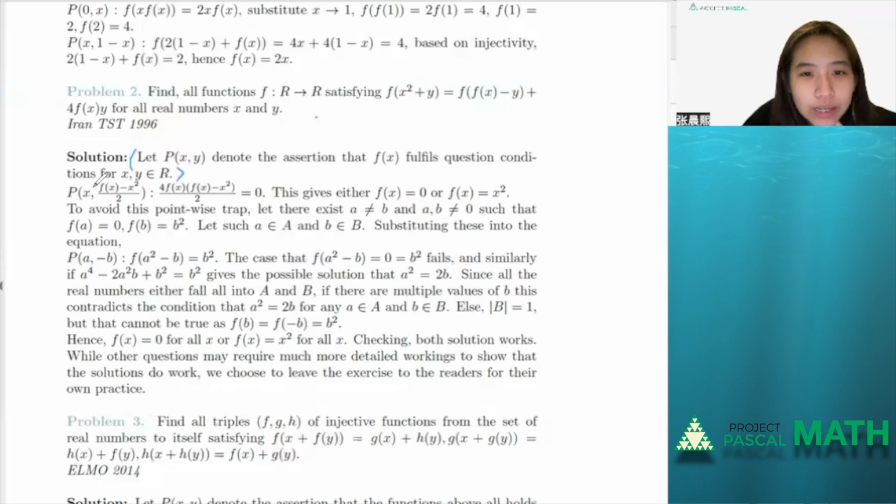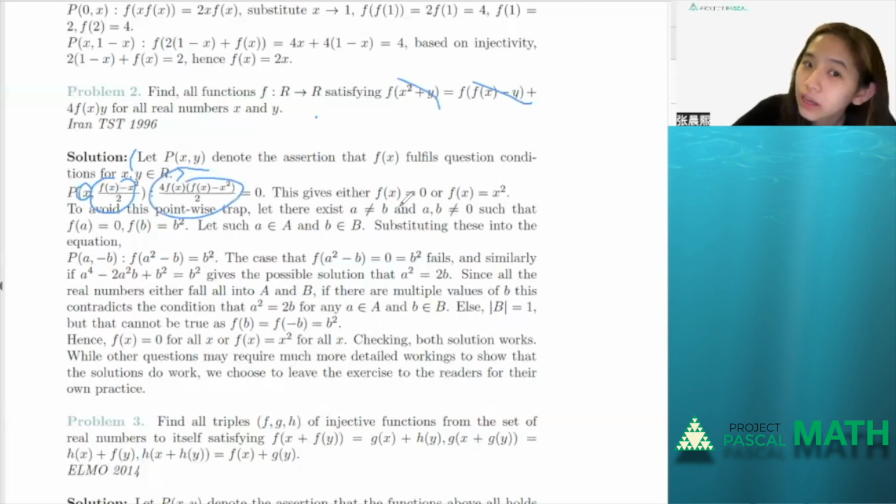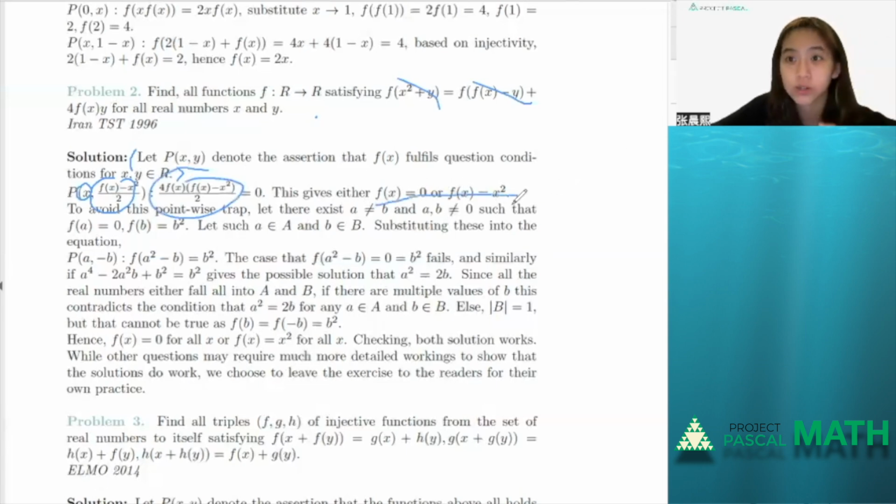And then you realize that once you sub in this, you can cancel out this and this side. So like what I said before, you have to learn the substitute so that you can cancel out the sides. And so you get this. And so instantly you get a solution already. You get either f(x) equals to 0 or f(x) equals to x squared.